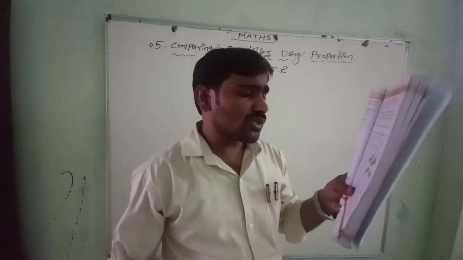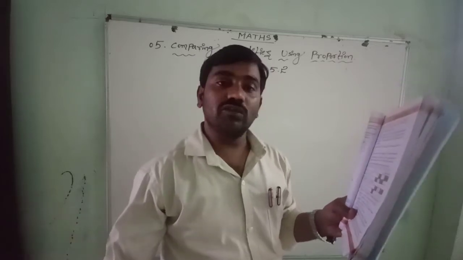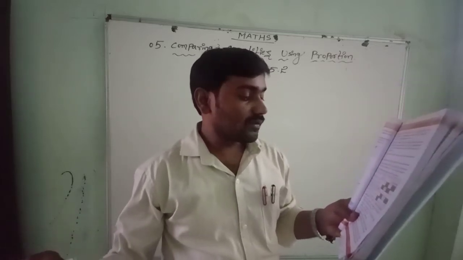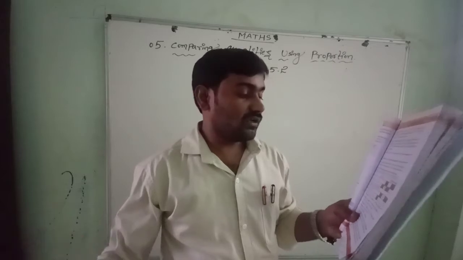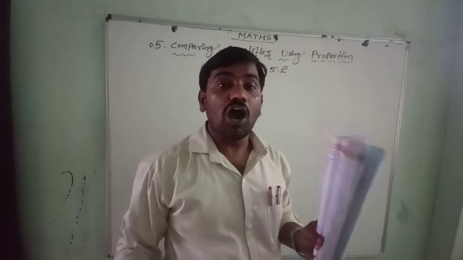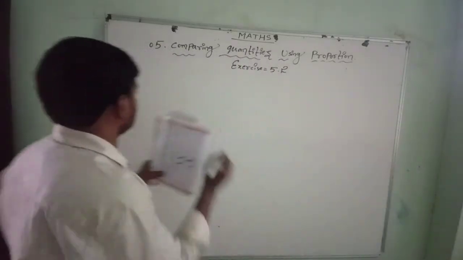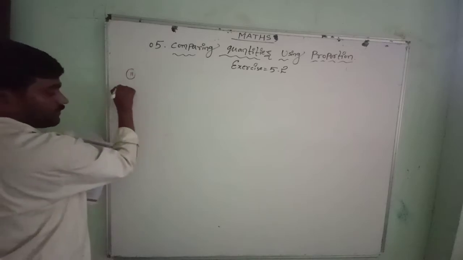Due to some economic problem, they sold the house for 2,80,000 only. Then the loss occurred. How much loss did they get, and what is the loss percentage? Very simple question.